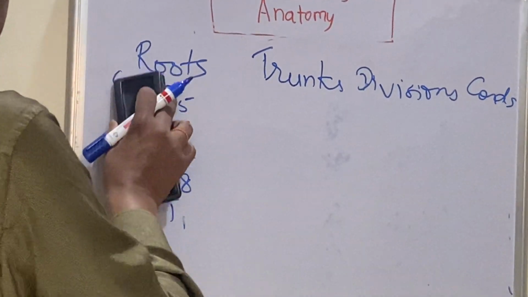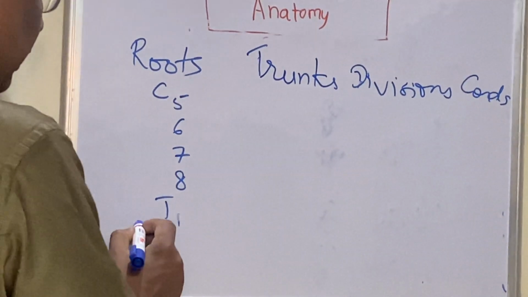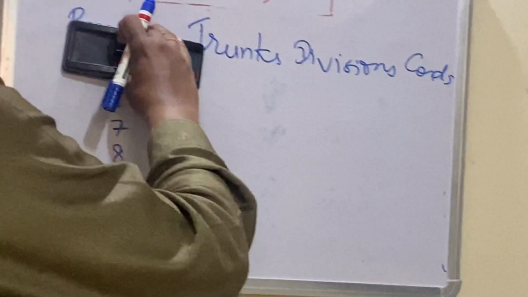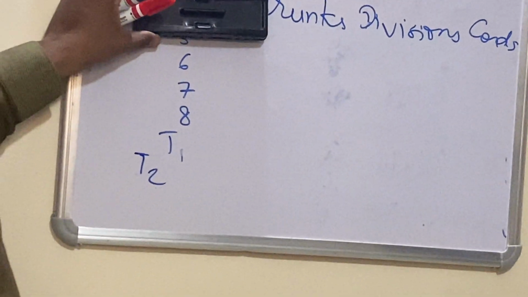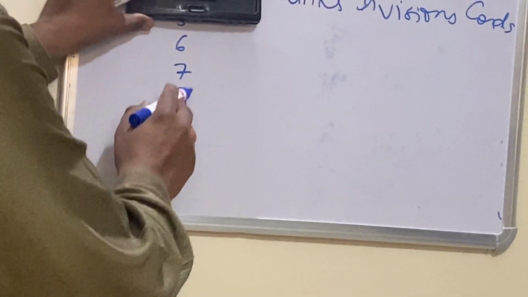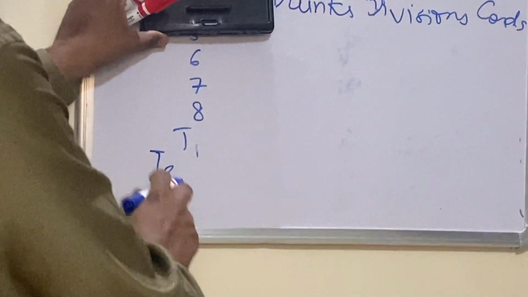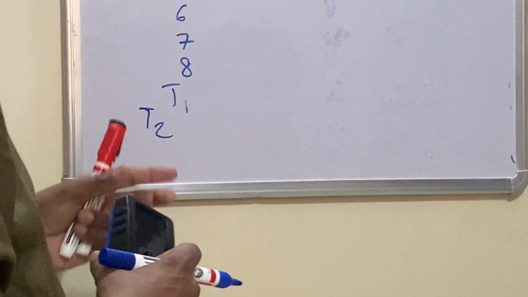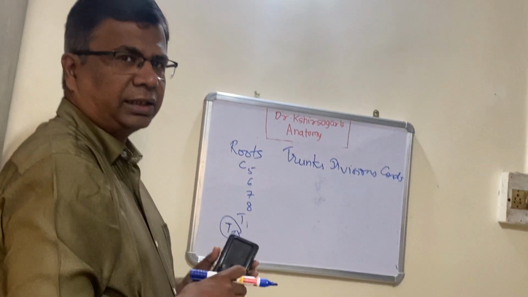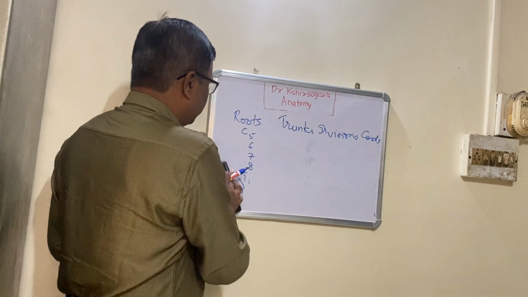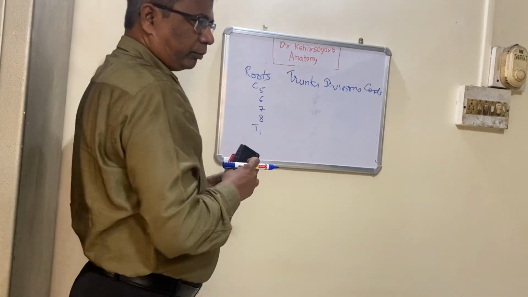Or, in other cases, C5 will be absent and you will have C6, C7, C8, T1 and T2 present. When T2 is present and C5 absent, that combination is called a post-fixed type of brachial plexus.